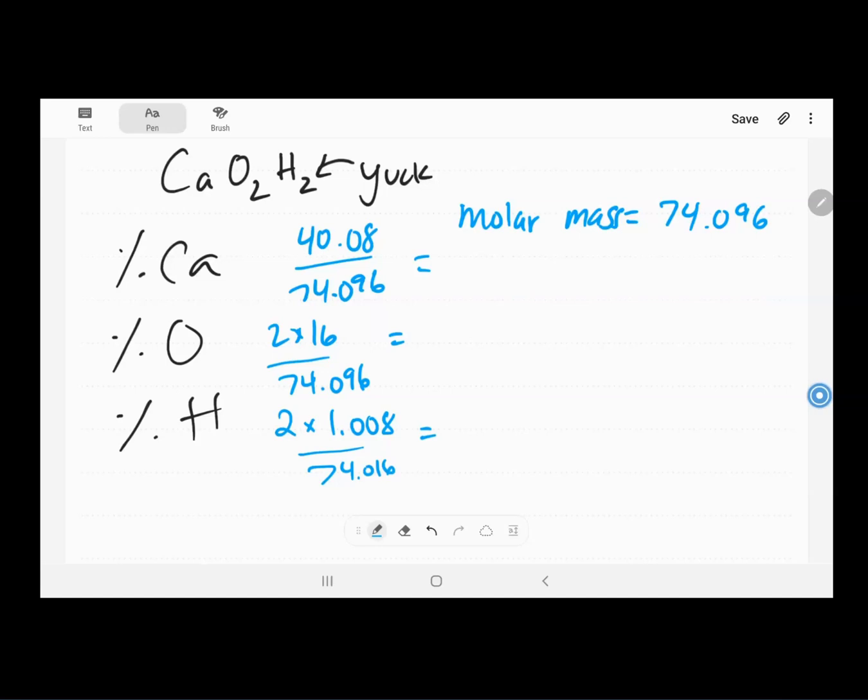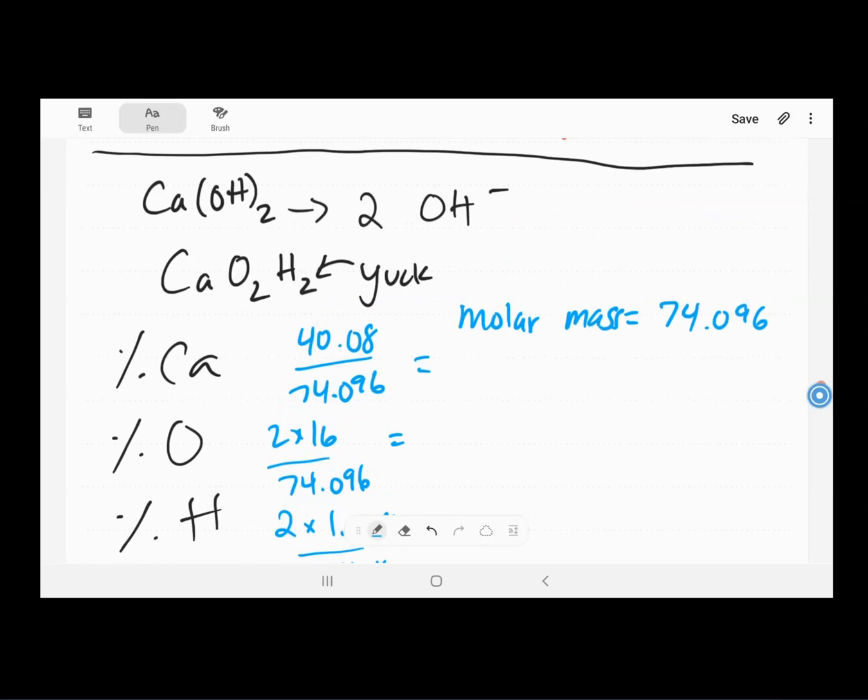We should have two of them, right? Because OH parentheses 2 means we have, here, let me draw it, like two OHs stuck onto this thing. So overall we have 1 calcium, 2 oxygens, and 2 hydrogens.